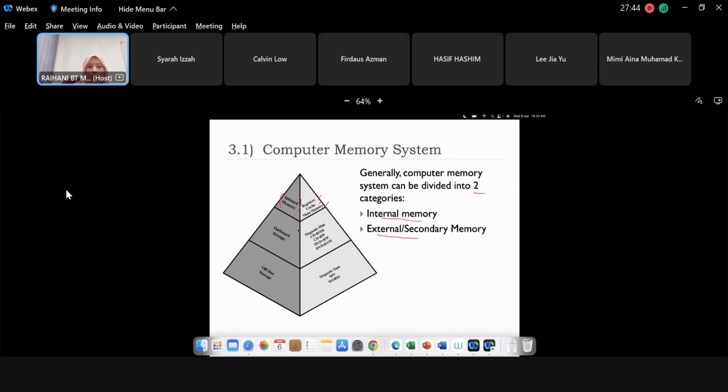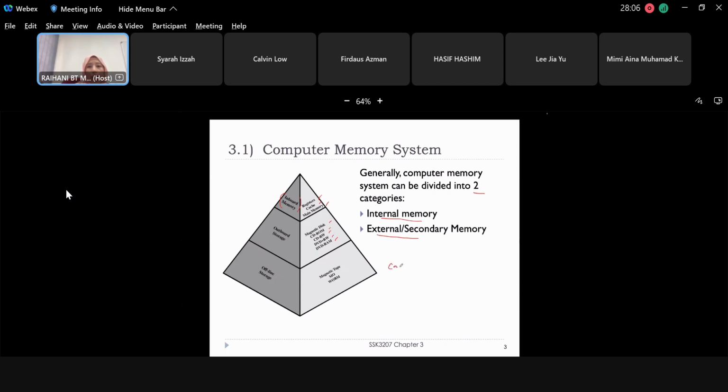And then the outboard storage, the second layer from the top. Outboard storage basically consists of magnetic disk, CD-ROM, CD read write, DVD read write, DVD RAM. And then this one is the offline storage.